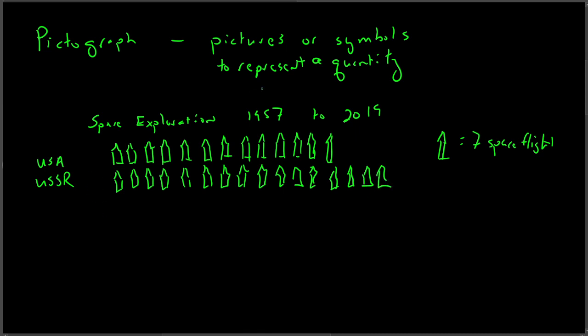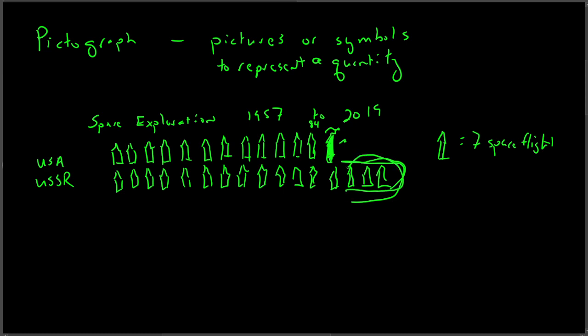What's nice about this pictograph is it's easy to see the Soviet Union had more space flights. This extends further out. But it's hard to say exactly how many because I'm not sure how much that fraction of a rocket is. If each full rocket is 7 space flights, and I have this fractional rocket here, then we have what, 12, so that's 84 space flights plus a little more.